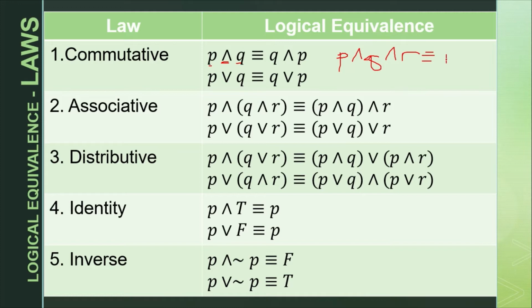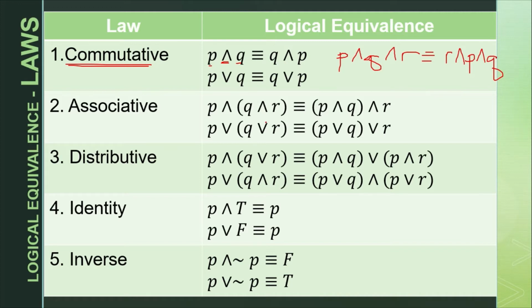We can have R, then P, then Q. The truth value will be just the same. You just have to take note: you can only use commutative if they have the same logical operators or connectives.